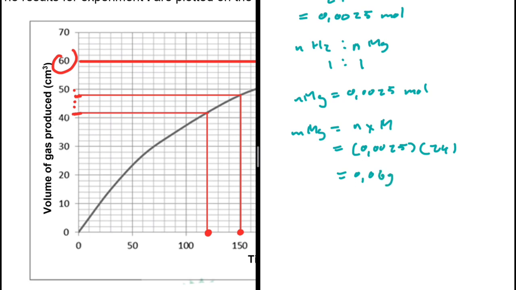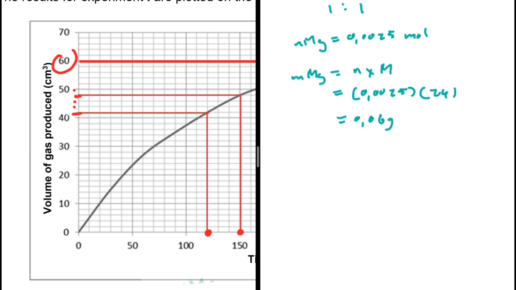So not much of that magnesium was used. So the mass of magnesium that remains will be equal to the mass of magnesium that we started with, 2 grams, minus that which was used, 0.06. So we end up having the mass of magnesium that remains being equal to 1.94 grams. There we go.